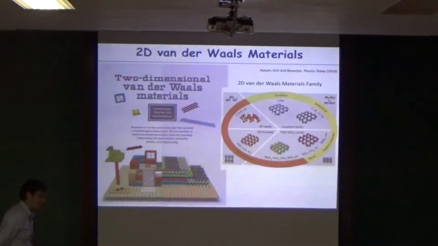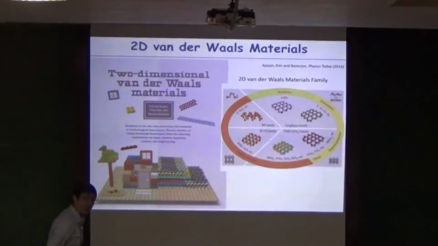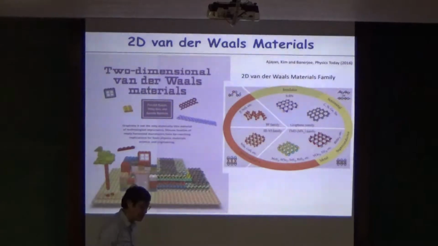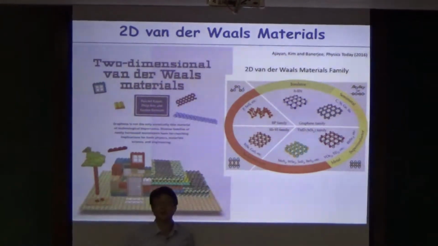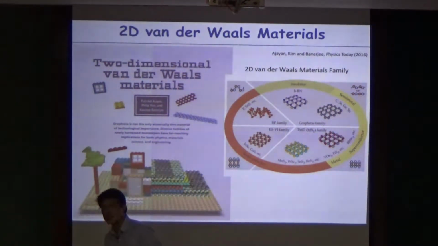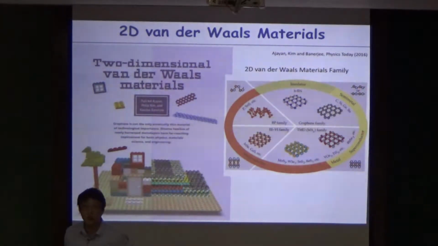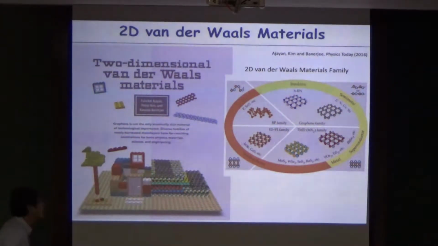Right. I actually showed you this slide yesterday, and the idea is there's a new era of material science or material physics that relies on the so-called two-dimensional materials. Nature has given us various layered materials where all the chemical bonds are within the layer, while between atomic layers, a weak van der Waals force holds them together.